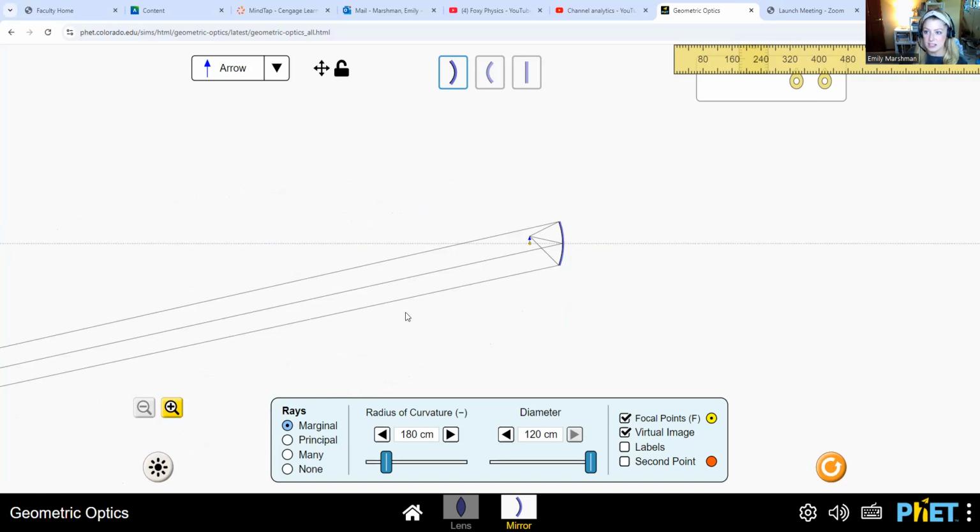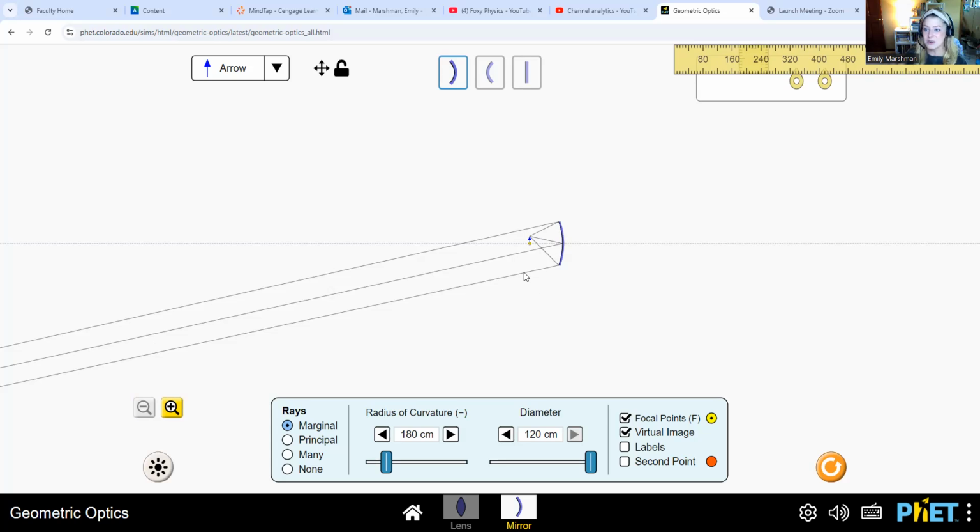Another way I like to think about it is the headlights in your vehicle. There's a shiny reflective surface on the back of them, and the light bulb is actually at the focal length of that shiny mirror in your headlight. Why? Because they want the light from the light bulb to be projected very far away, as far as it can possibly go, right? So you can see more.